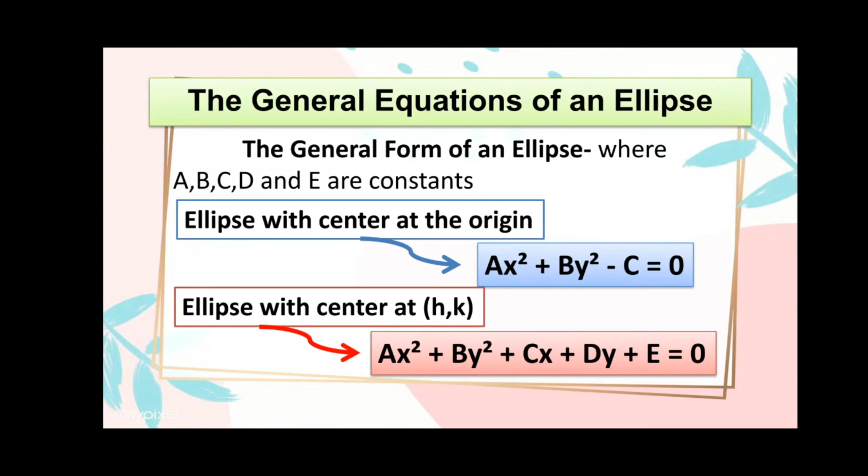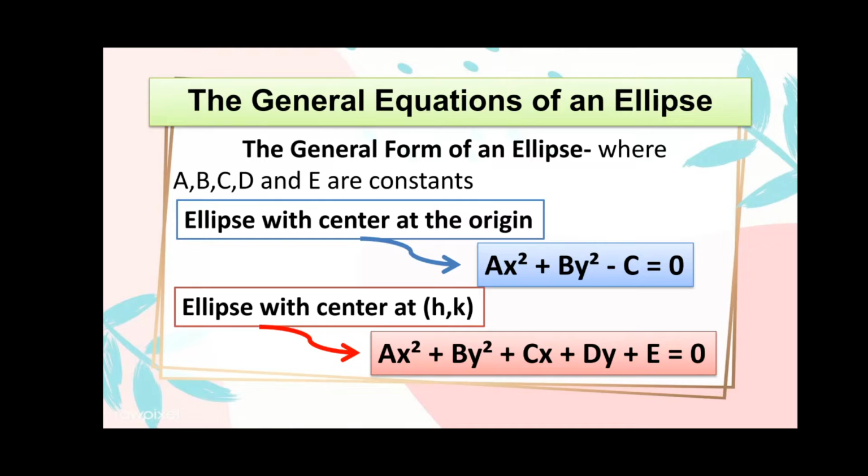If the ellipse has its center at the origin, the general form is Ax squared plus By squared minus C equals 0. While if the ellipse is centered at (h, k), our general form is Ax squared plus By squared plus Cx plus Dy plus E equals 0.